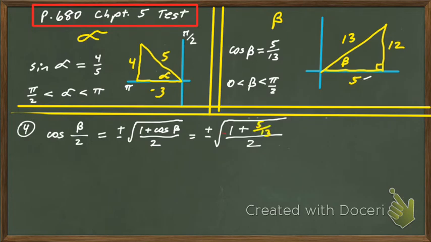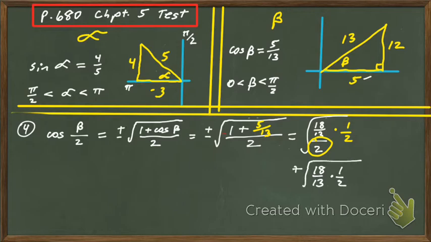So if 1 is 13/13, what's 13/13 plus 5/13? 18 over 13. And if you're dividing by 2, that could be the same as multiplying by what? 1 over 2? So that's 18 over 13 times 1/2 with a radical.